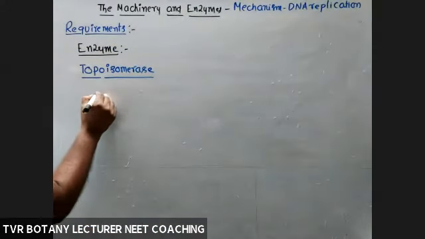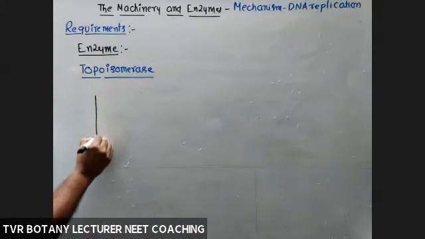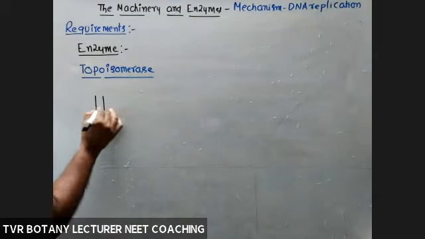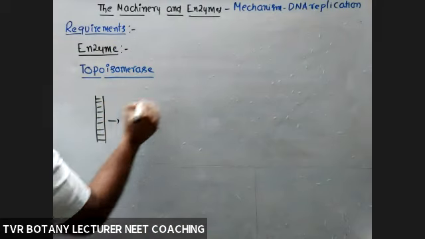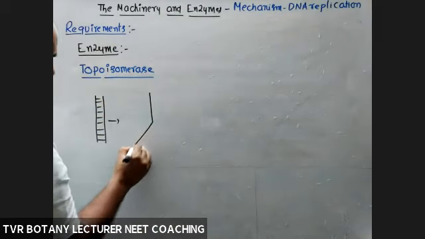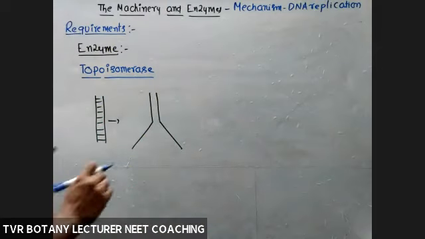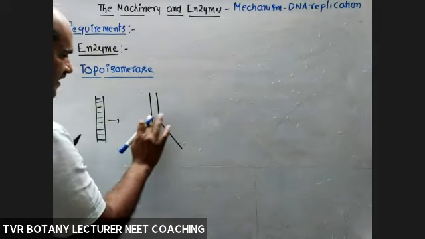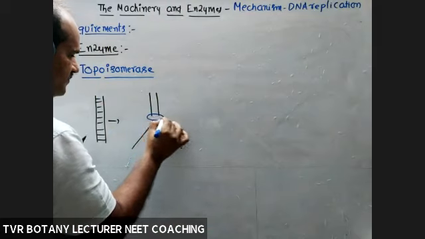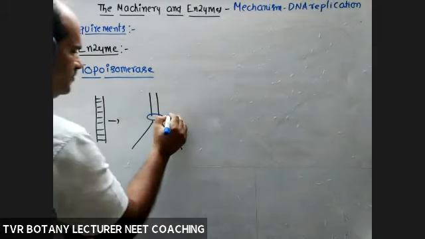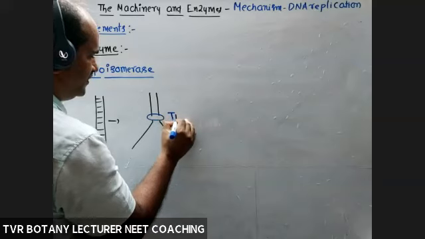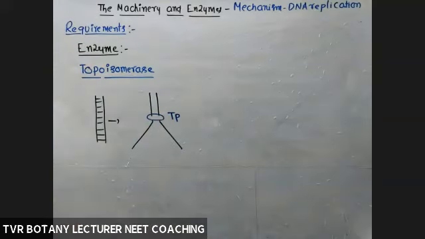For example, this is a double-stranded DNA molecule. Both the strands opened at one particular location. Okay, so this enzyme, topoisomerase, is bound here. For example, this is a topoisomerase.